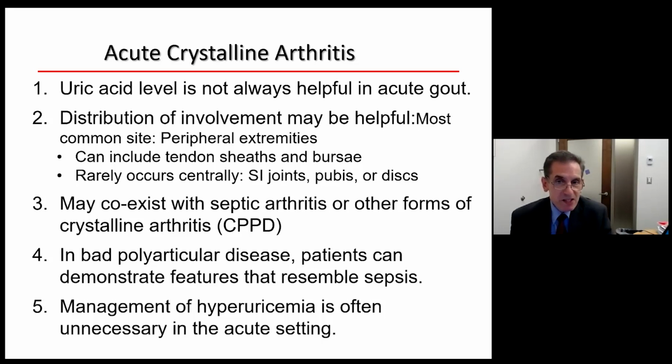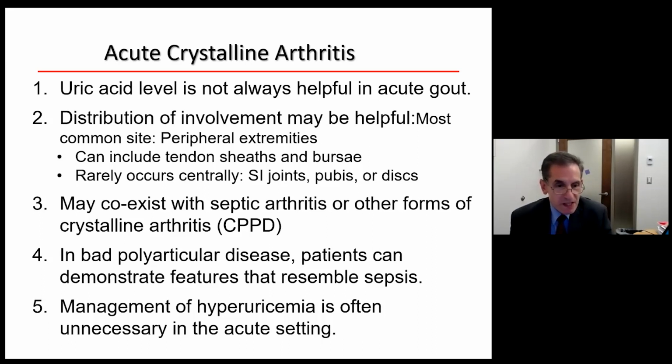It may coexist with septic arthritis or other forms of crystalline arthritis. So patients can have gout and pseudogout, or patients can have gout and septic arthritis concomitantly. And remember, in bad polyarticular crystalline disease, patients can sometimes demonstrate features that resemble sepsis, which include fever.